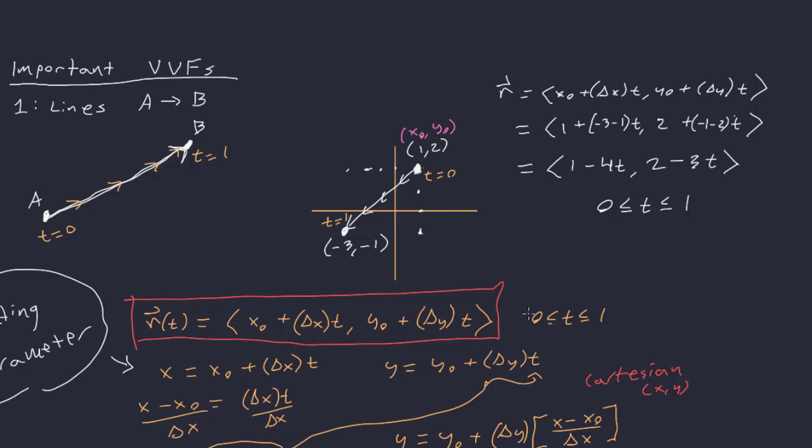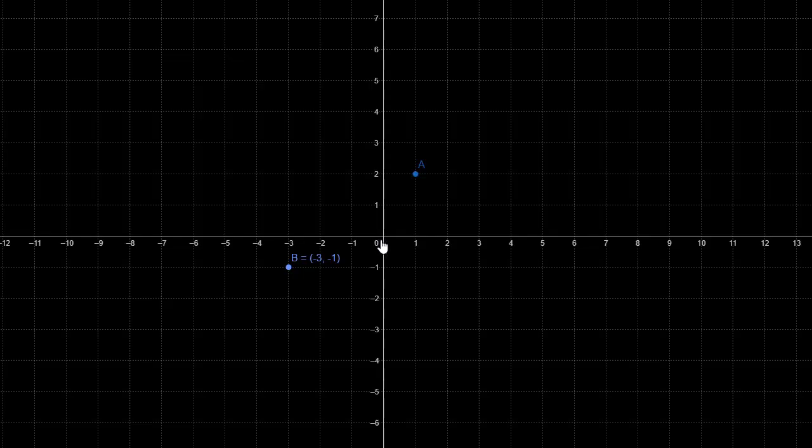All right, so let's take a look at this on a graph and see if it aligns with what we see here. Okay, so here we have our points A and B. So the point 1, 2, here's the point -3, -1, and then here's the vector valued function we created along with its trace.